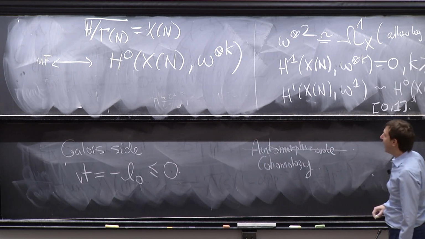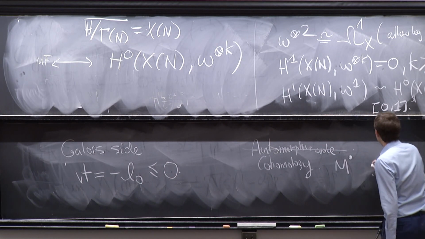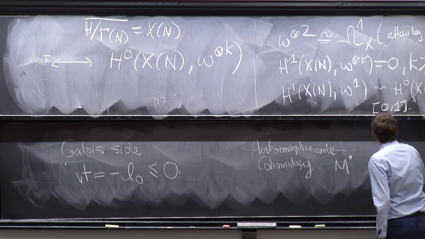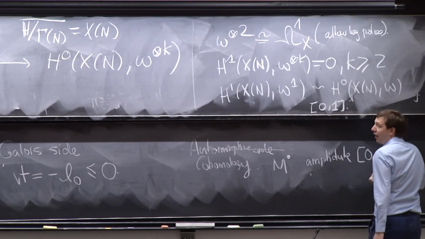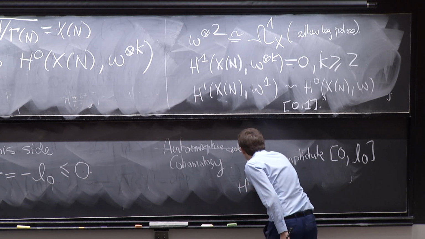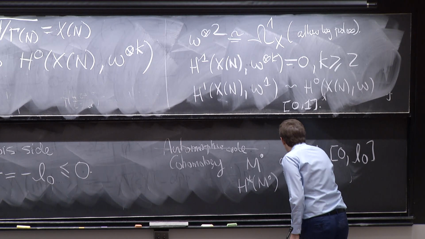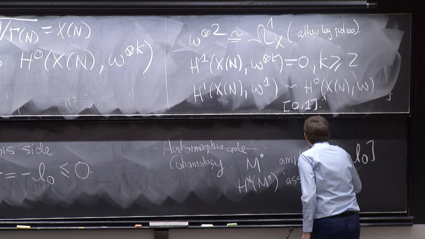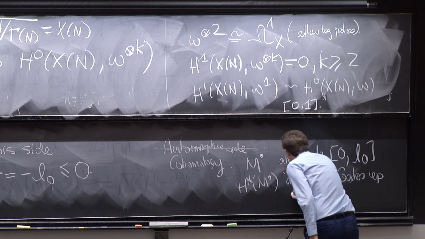and rather what you'd like to get is a complex. Find complexes which have the property that their amplitude is exactly of length L0, and such that the cohomology of this complex is now something for which you can associate Galois representations of the right shape.